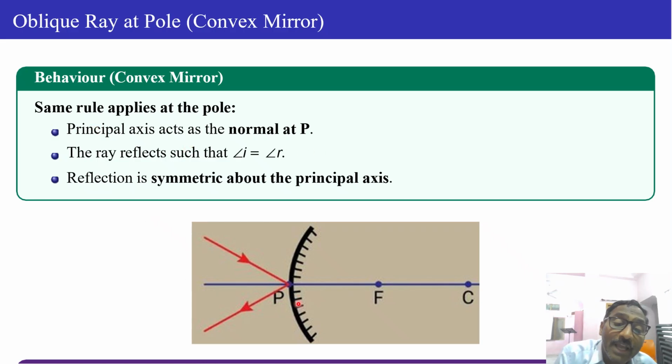The ray reflects such that, if you measure the angle I here and the angle R here, angle I is equal to angle R. Reflection is symmetric about the principal axis. In the case of a convex mirror, the focus and the center of curvature are behind the mirror.